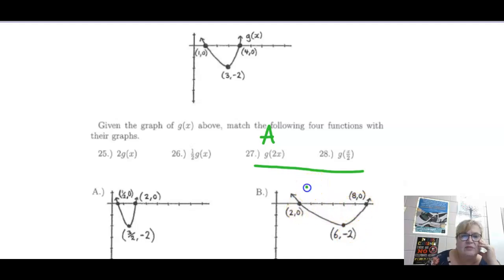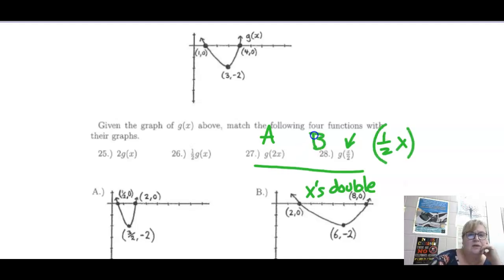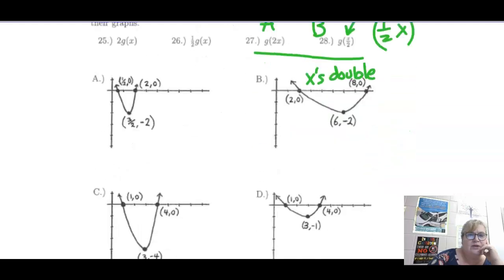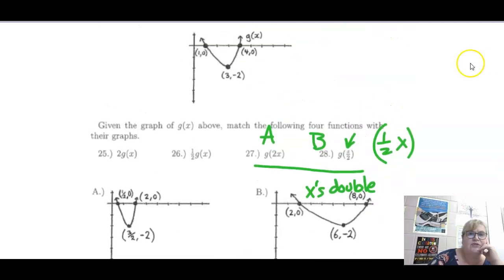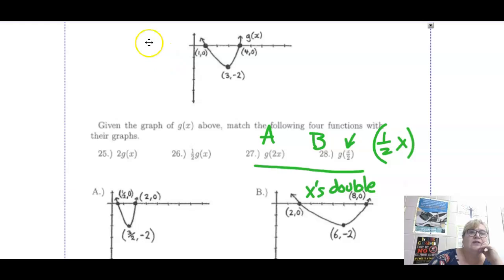The x's doubled. Well, unfortunately, what happens to an x is the opposite of what it seems. So inside here, 1/2 of an x is what happened. So that's B.